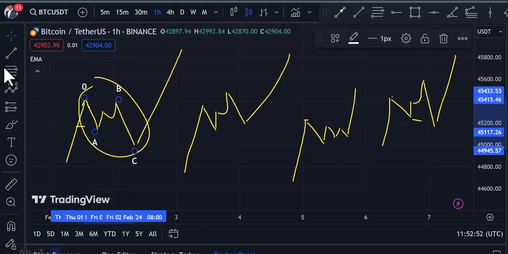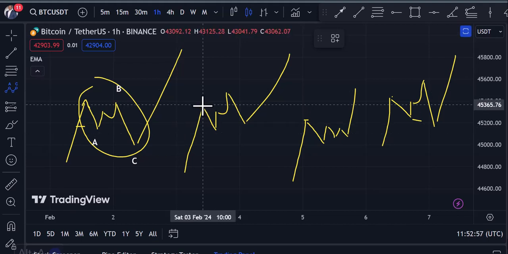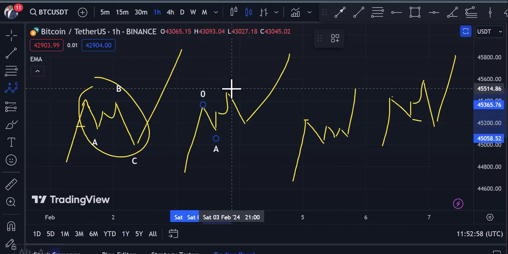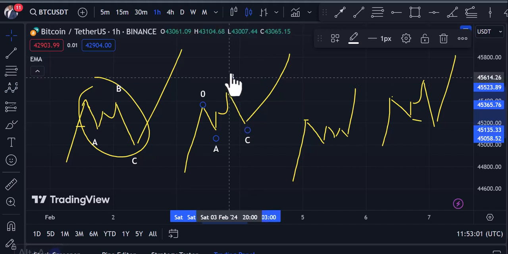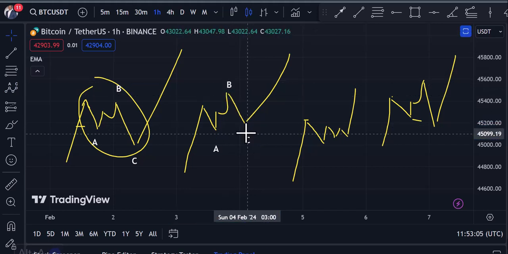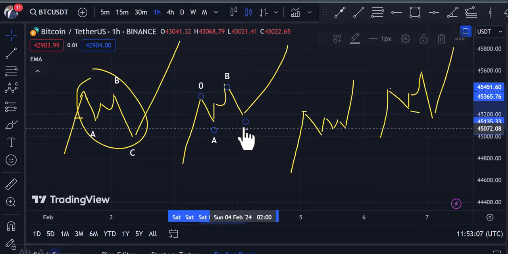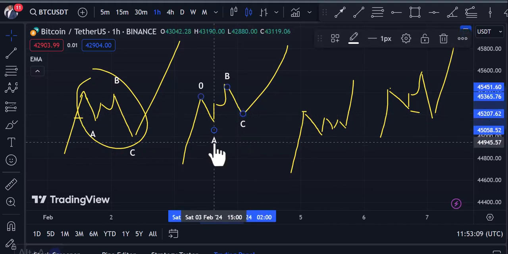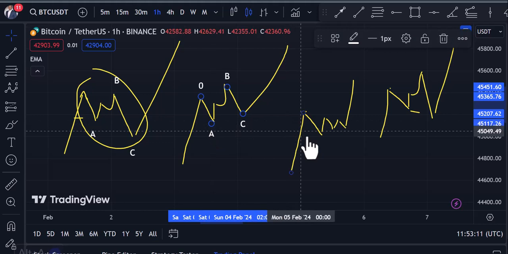And also, this is what they call A, B, C. Okay, so you see how it's been labeled, you see how it's been identified. So our job in the market is to know this. When it completes, then you start taking action based on that.